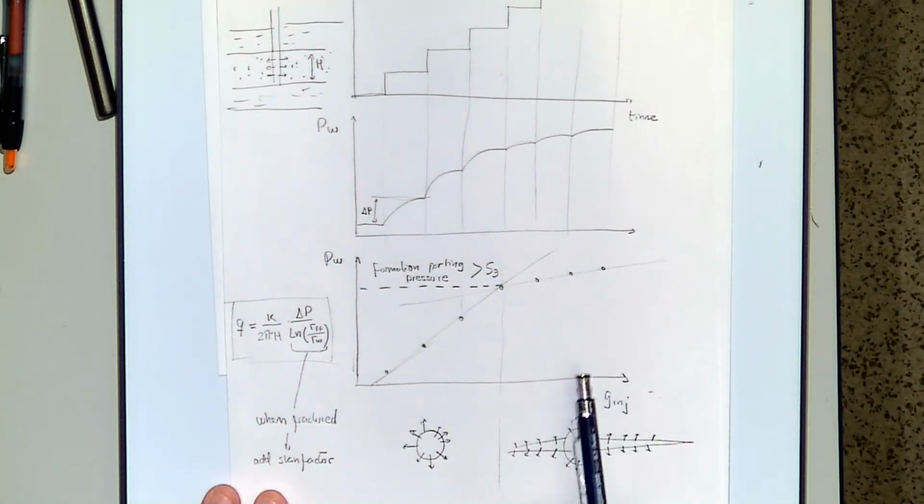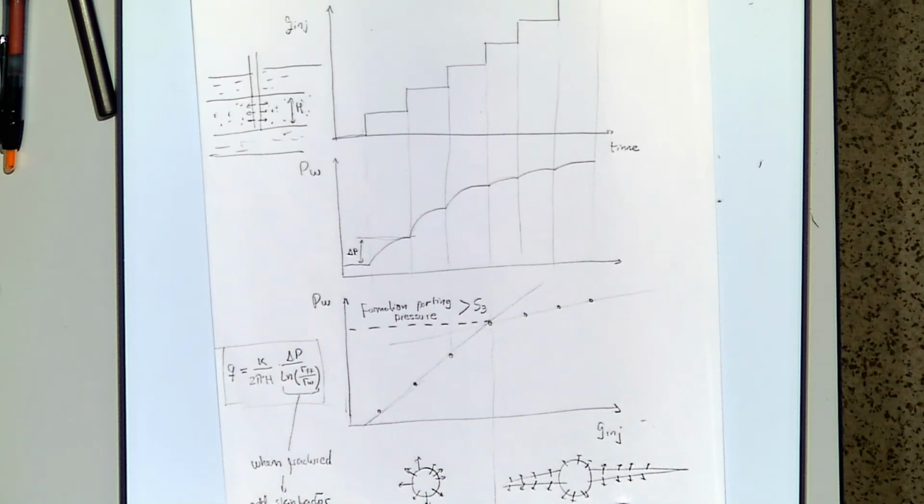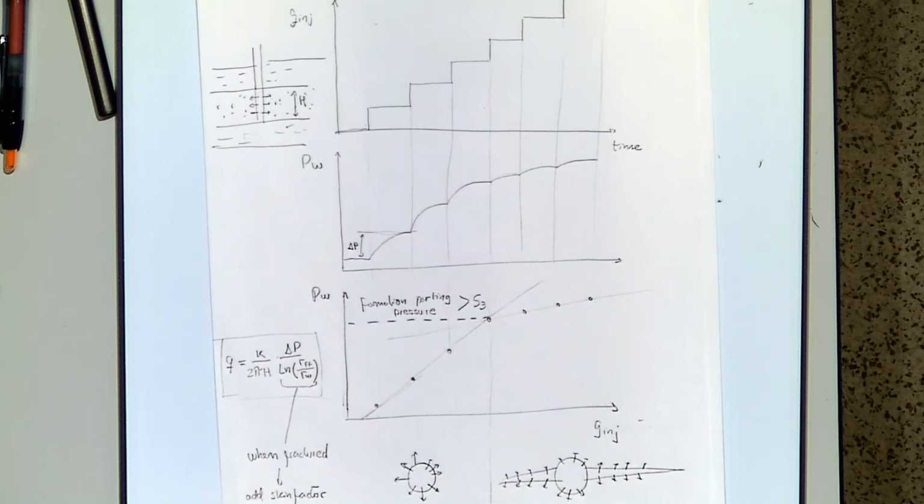Okay, guys, we have 2 minutes, and I want to talk about something very important. In this case, we do want to inject a lot of fluid, but we do not want fractures.